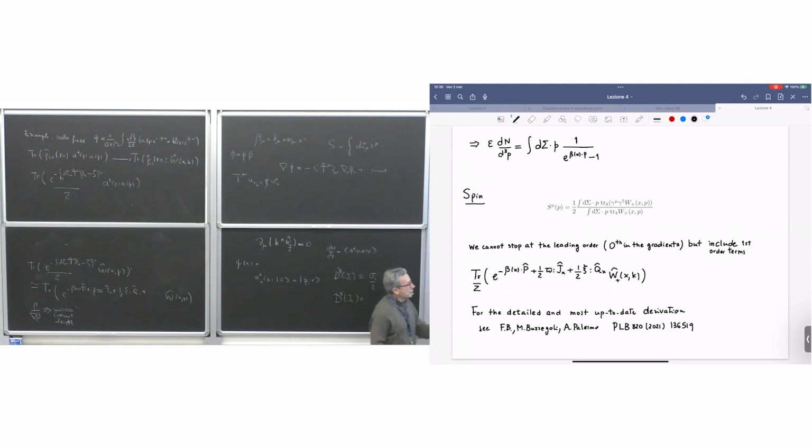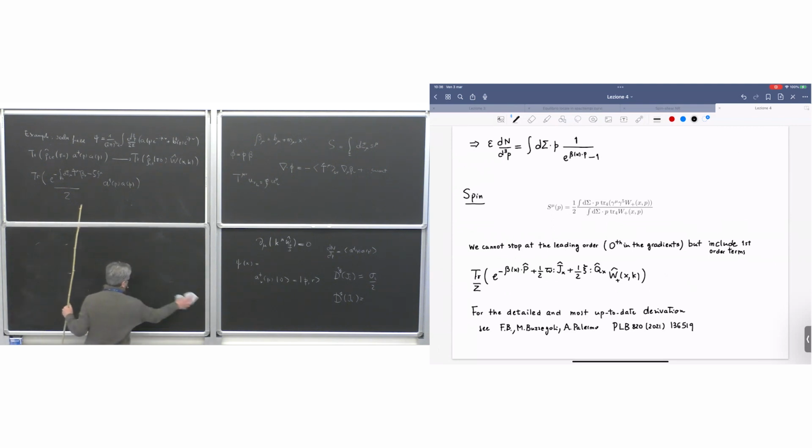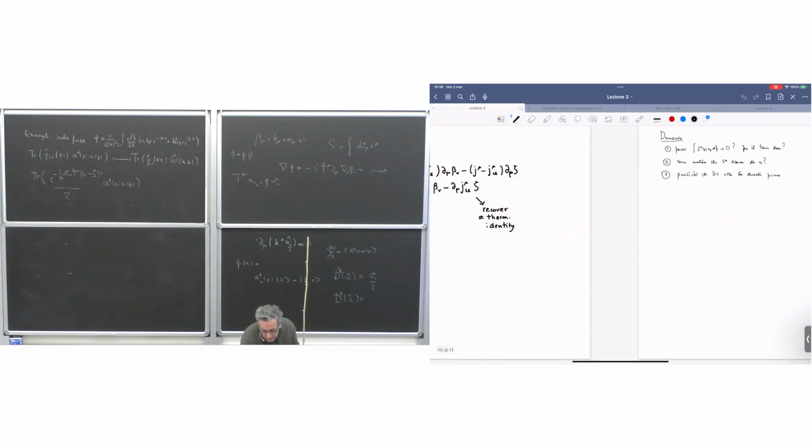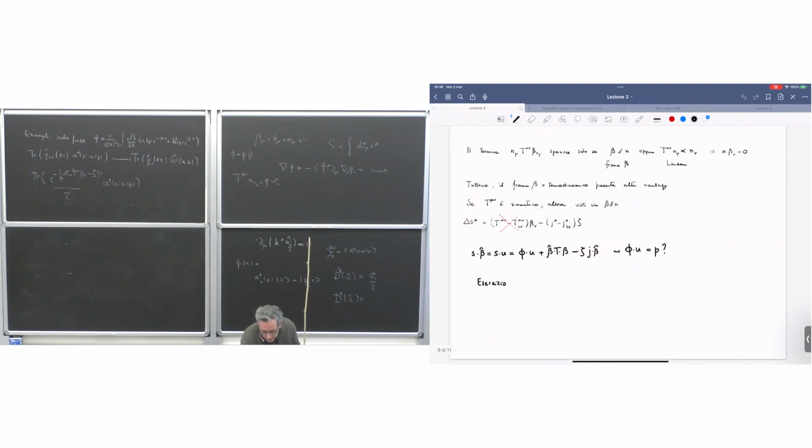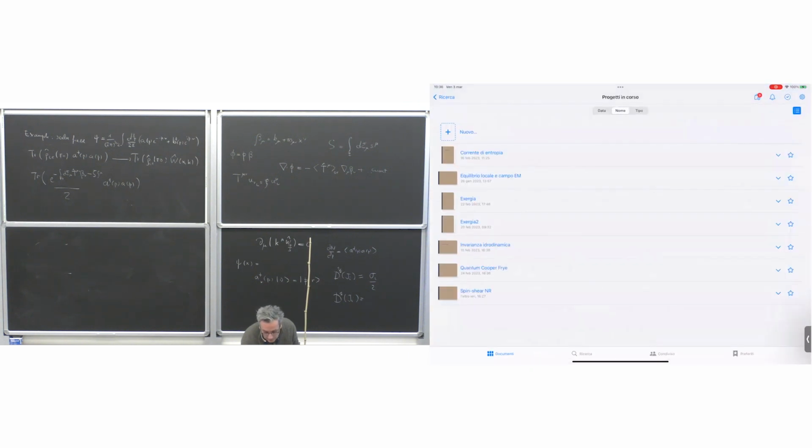Now, how to work this out? The only method we know to do this is the linear response theory. Maybe I can go to one of the previous lectures. Let me see if I have it.